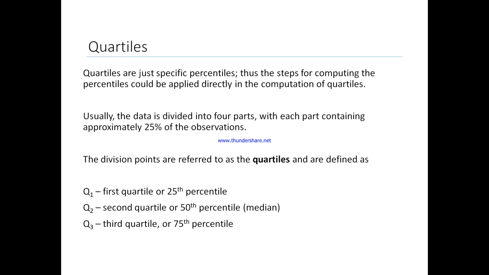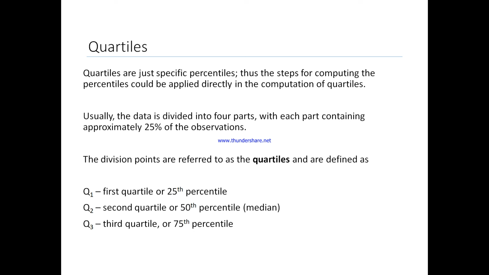First quartile means the 25th percentile, second quartile means the 50th percentile, and the third quartile means the 75th percentile. When you take the first quartile, 25% of observations are less than or equal to it.